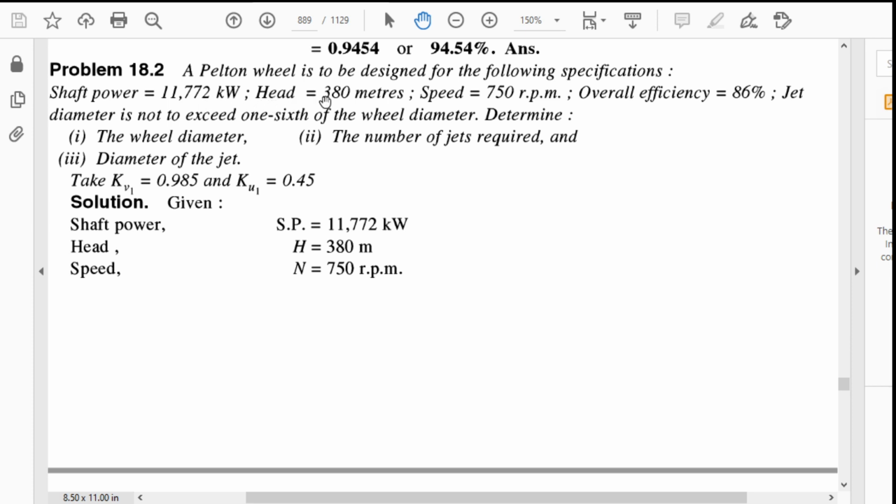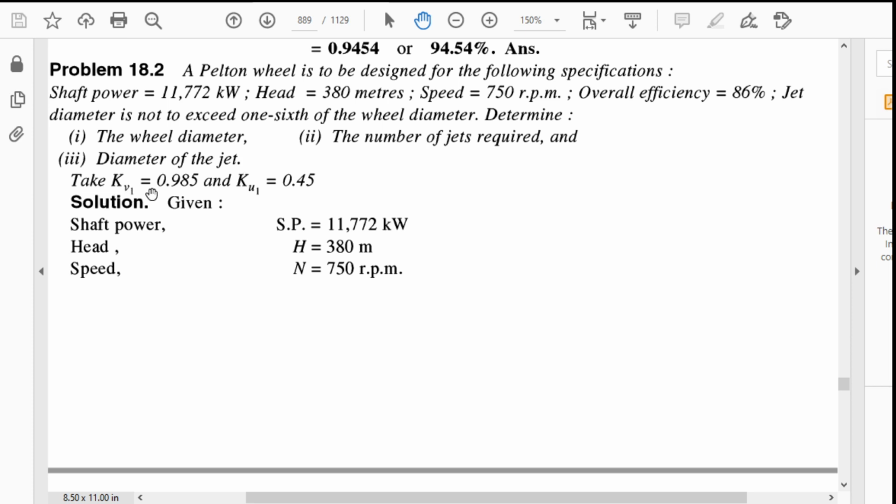Head is 380 meters. Speed is 750 rpm. Overall efficiency 86%. Jet diameter is not to exceed 1/6 of the wheel diameter. Determine wheel diameter, number of jets required, diameter of jet.